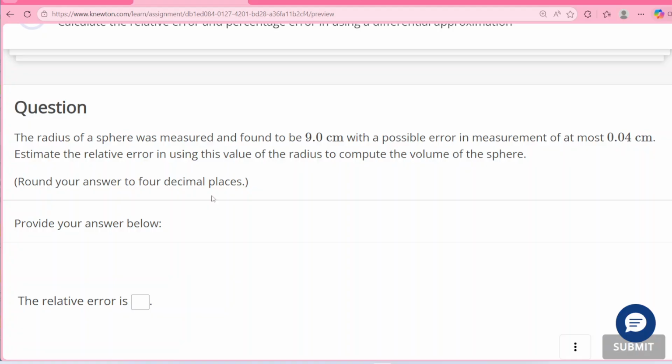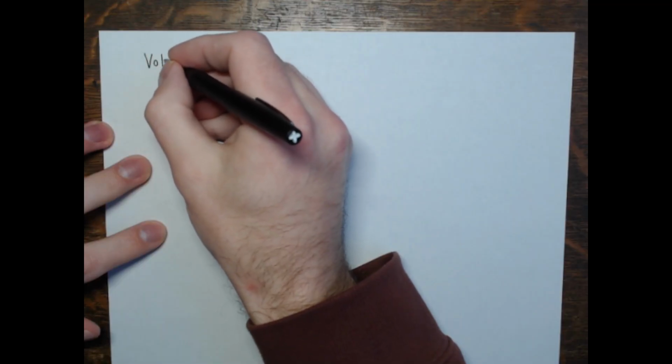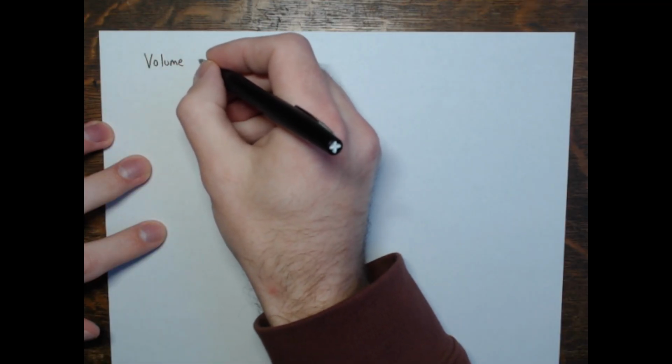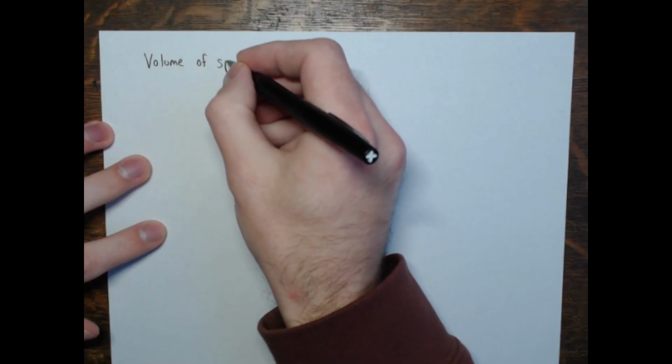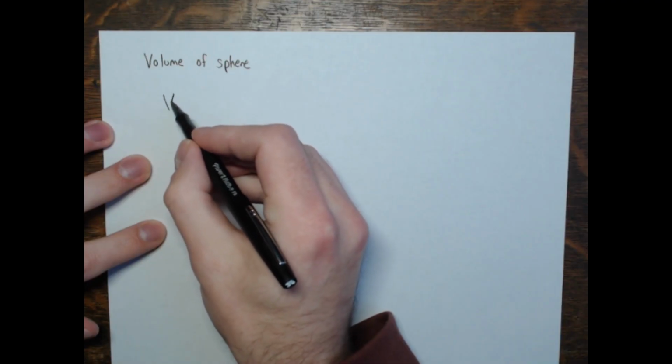So to do this, they're asking about the volume of a sphere here. So you might have to know some formulas, right? So volume of a sphere, I'll use V for volume.